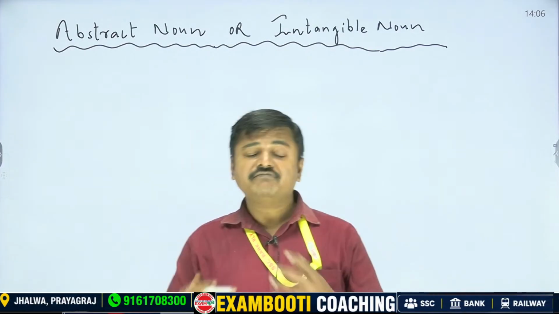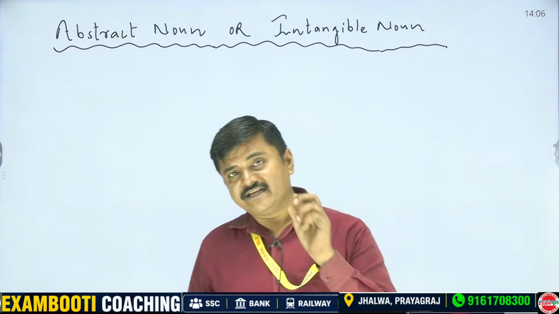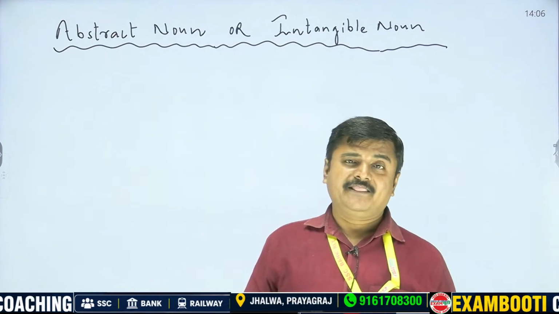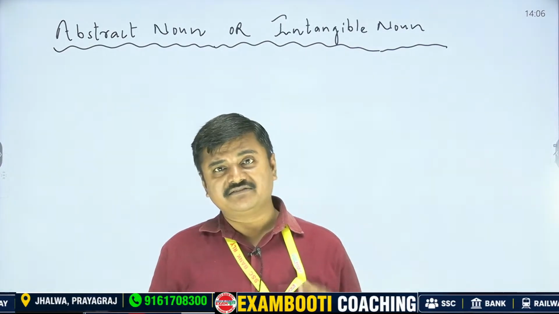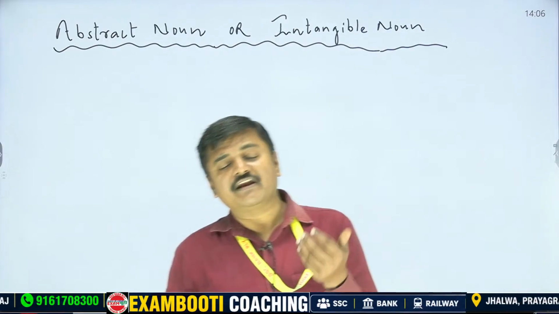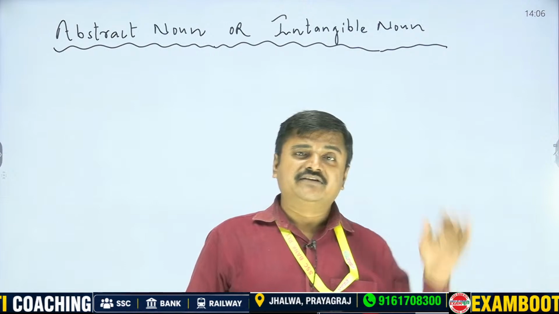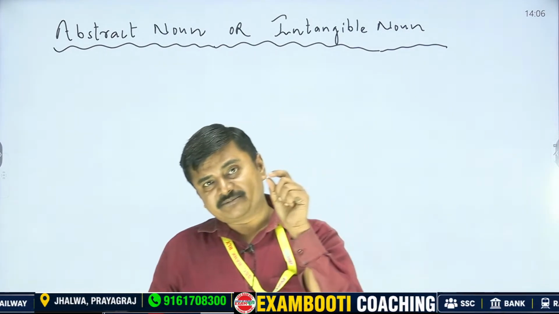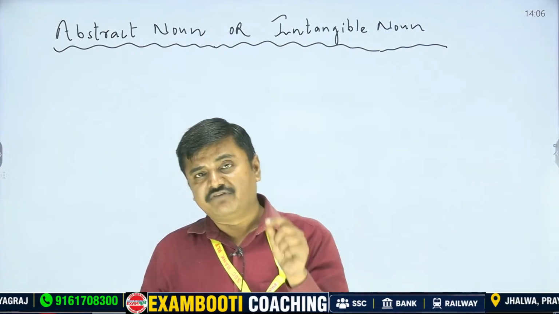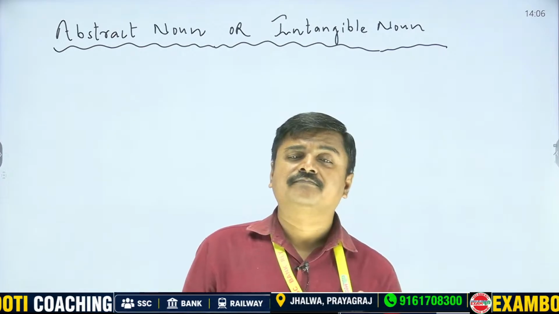So there is a confusion because in both definitions, quality is actually the same. The word which qualifies a noun or pronoun, it means the word that is telling the quality of a noun or a pronoun is known as an adjective. And the word here in the definition of abstract noun is the same, quality. Then what is the difference?